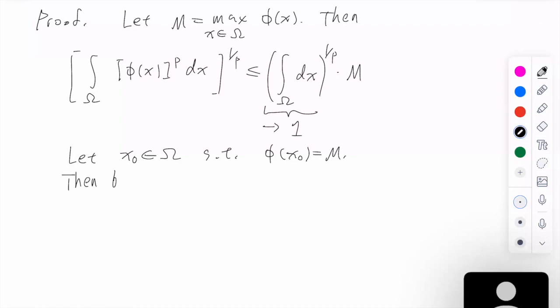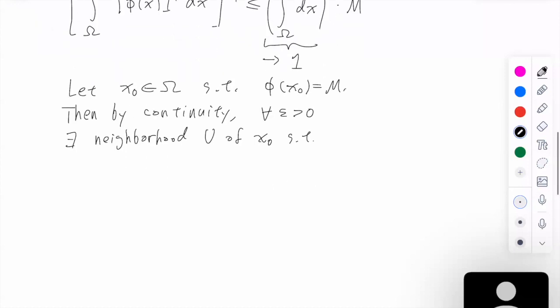Then by continuity, we can always find some point. By continuity, for every epsilon greater than 0, there exists some neighborhood of x satisfying the following.